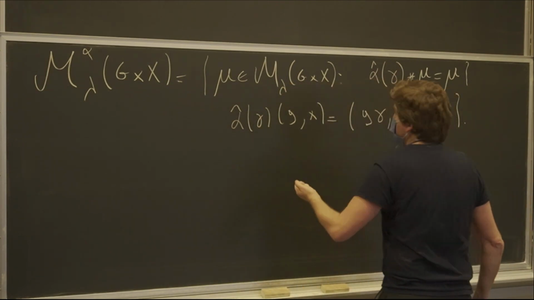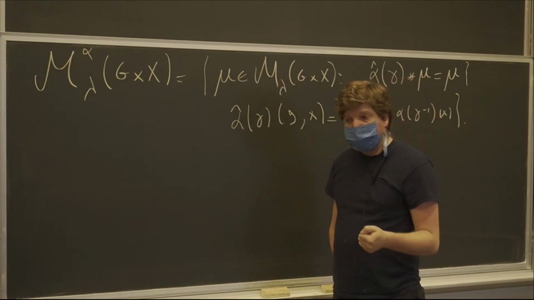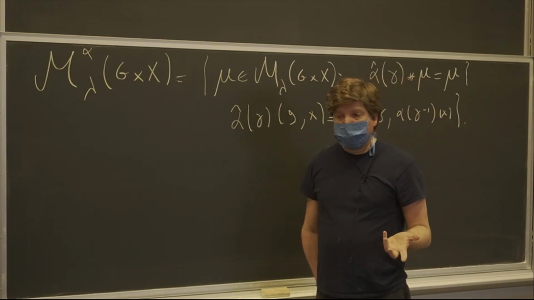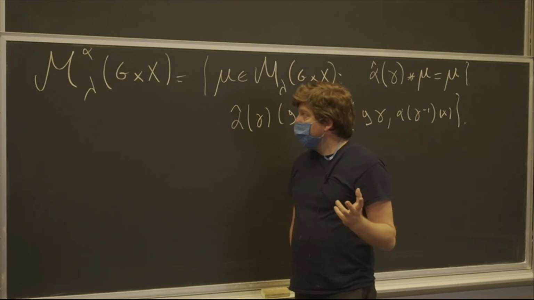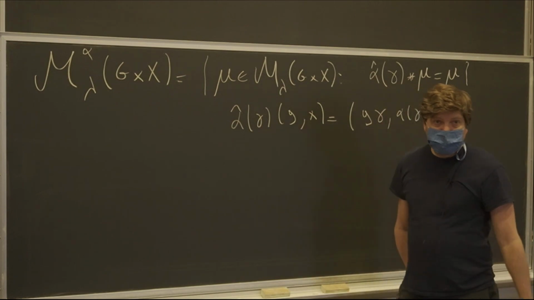Now, this is naturally a subset of this. It's naturally convex, and it's naturally closed. So it's a compact convex set as before.